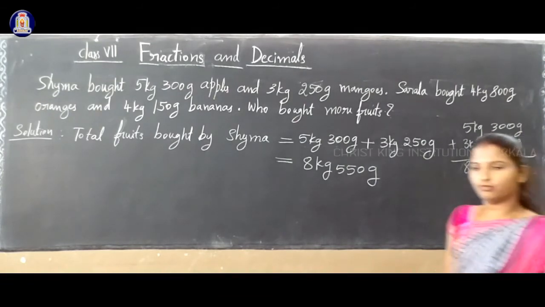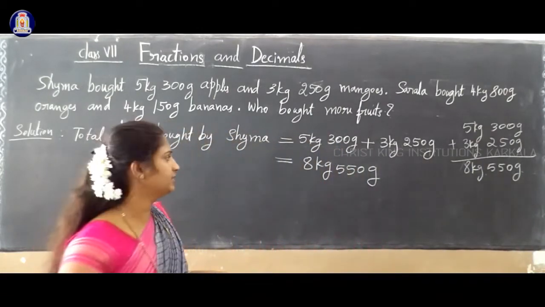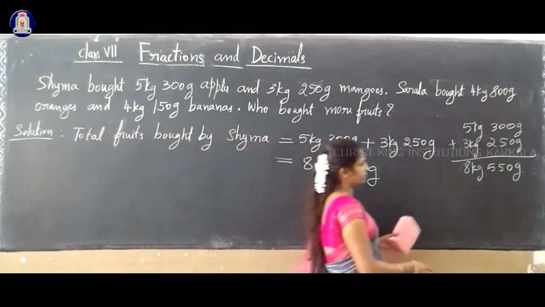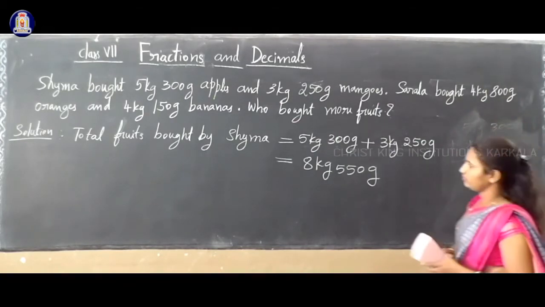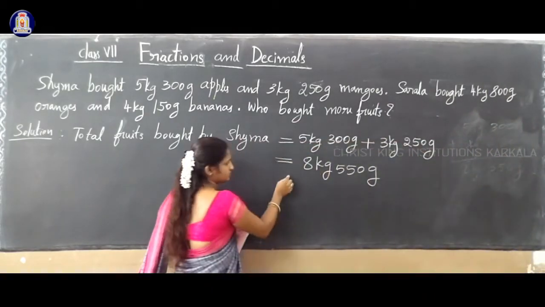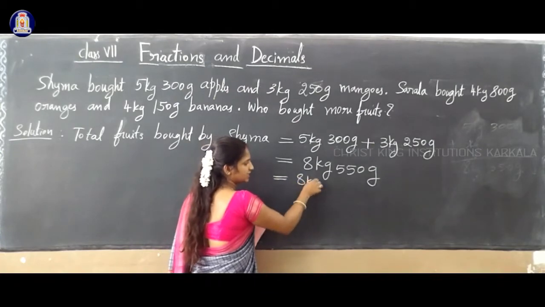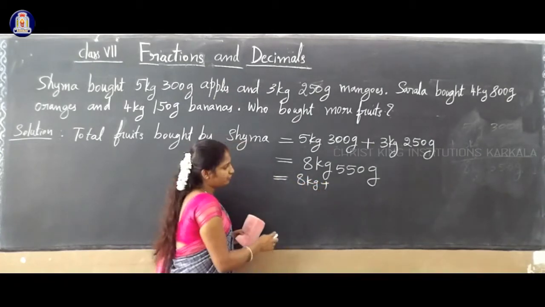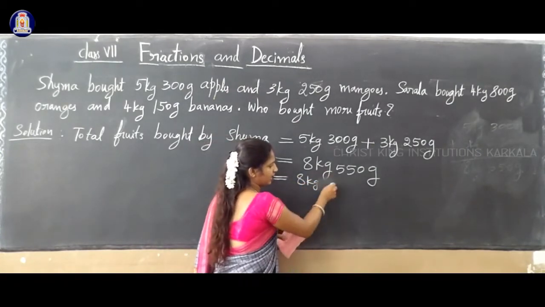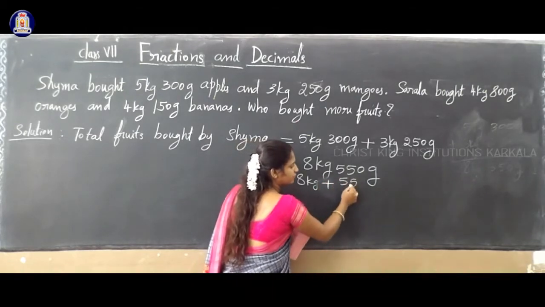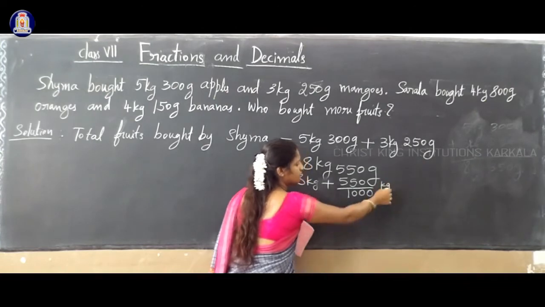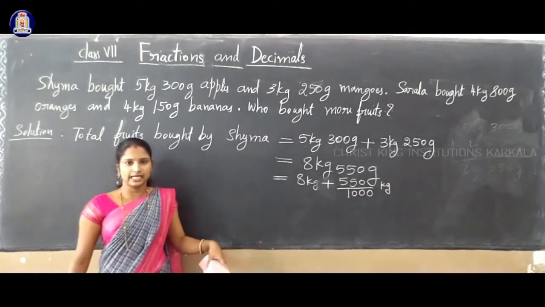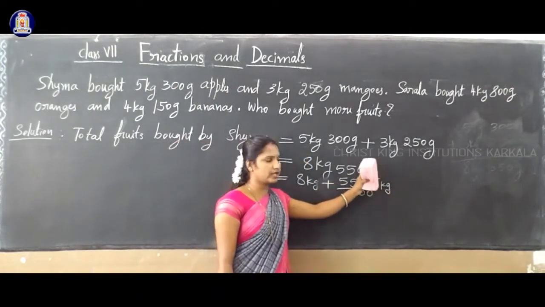Now if you want, you can convert gram in terms of kg. So this can be written as 8 kg plus 550 gram. 550 gram can be written as 550 by 1000 kg. Here you have to convert into kg.